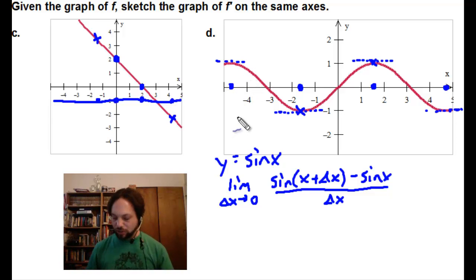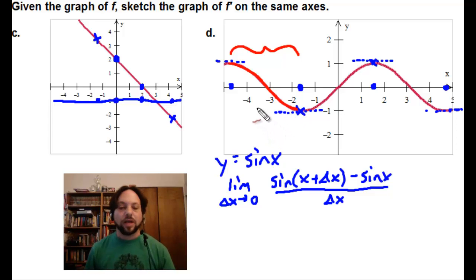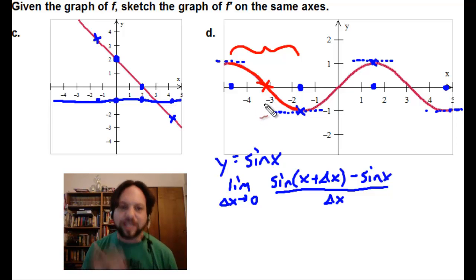In fact, if we take a look at the interval between here and here, what's happening to this graph? Hopefully you realize that this graph is going down the entire time. And so that means that our derivative is going to have to be negative this whole time. Furthermore, it appears that our largest negative slope between here and here is going to occur at about negative 3.14159 maybe?